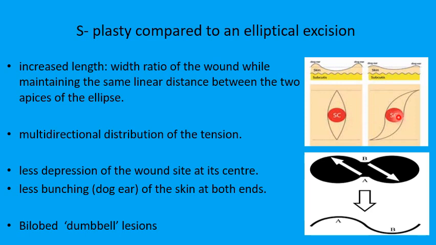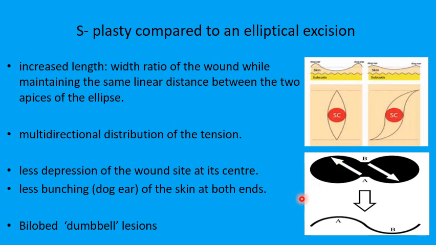This is basically because the tension on the wound while healing on the two crescents will be in opposite directions. So this would help in flattening of the wound in a better way and preventing the depression of the central part. So this is a good way of redistribution of the tension.